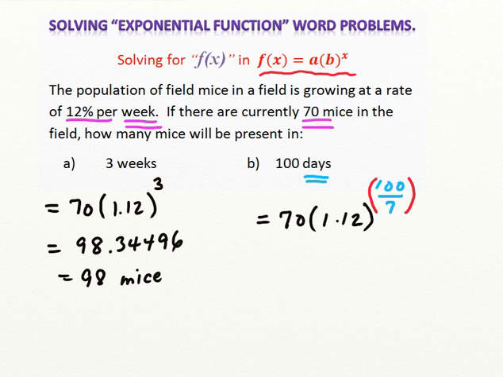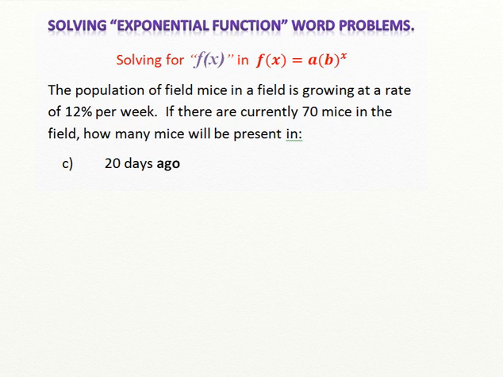If all has gone well and you type that into your calculator, you should get an answer of 353.3561, and that will obviously be rounded to 353 mice approximately. So the key thing in the second question here was to make sure that your unit of time matches the growth unit of time.